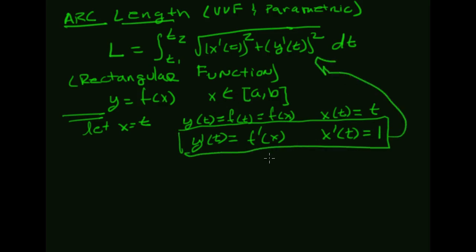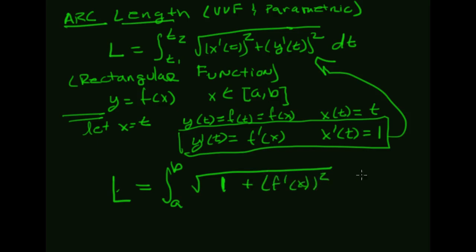If we apply this into this formula, because we've correctly parameterized, then the arc length, where at time t1, x is at the value a, and at time t2, x is at the value b, has x prime of t squared just 1, and y prime of t squared is f prime of x squared.